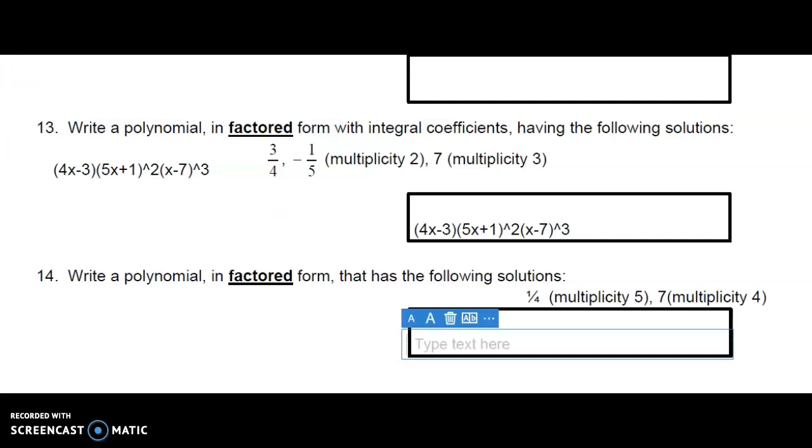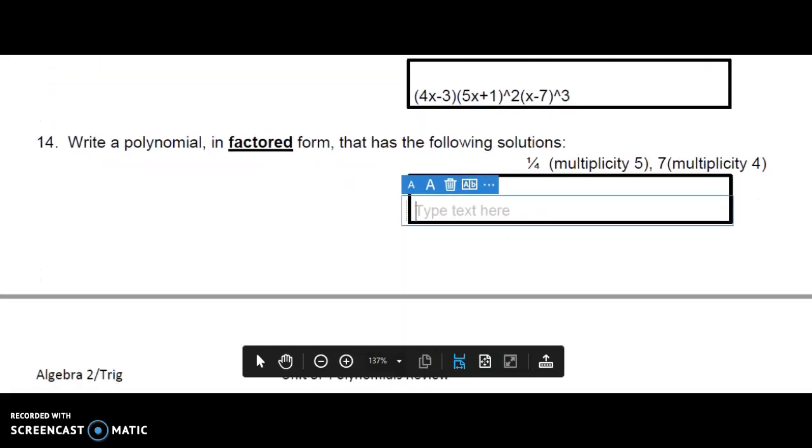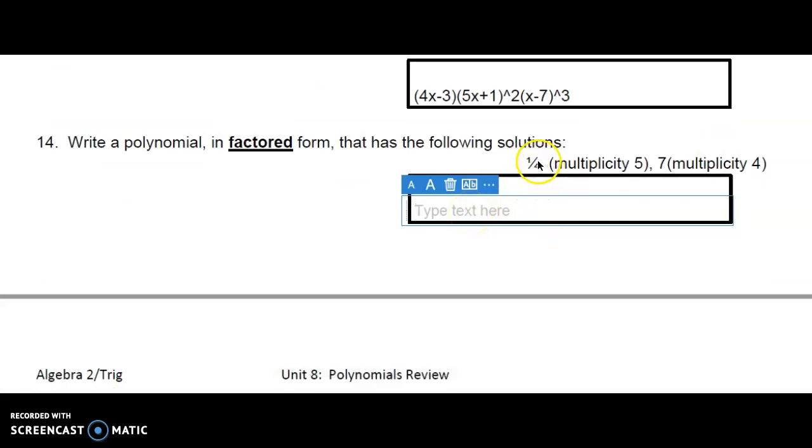Okay, so for number 14, we are writing a polynomial in factored form again. It has the following solutions: 1/4 with a multiplicity of 5 and 7 with a multiplicity of 4. So 1/4 is a fraction again, so we talked about the denominator is the coefficient of x for your factor.